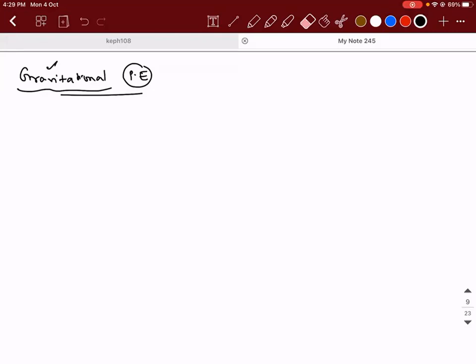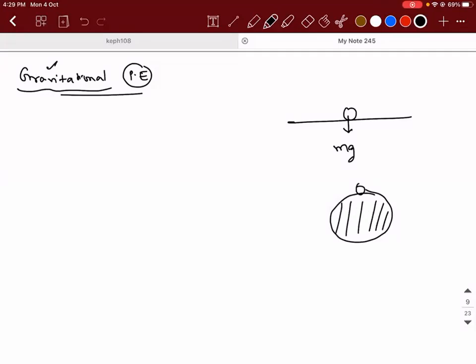So weight of an object is nothing but the force with which an object is pulled towards the center of the Earth. So when the object is placed here, which portion of the mass will contribute? Only this portion. So that is why we didn't consider the mass above it.